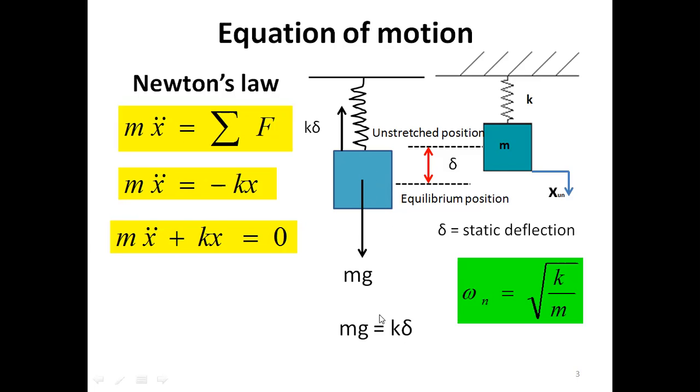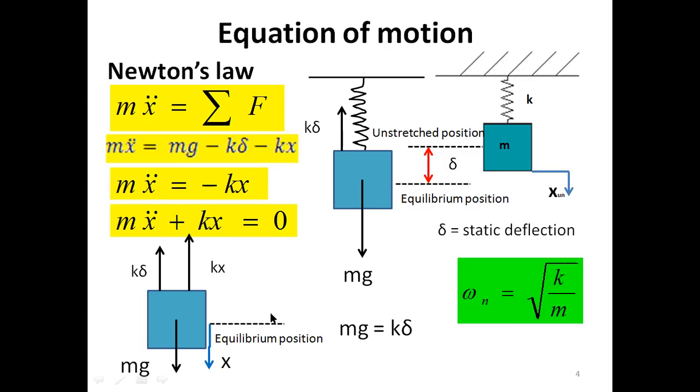Now the mass is supported by the spring, and the spring force is k delta, acting in the upward direction. Now let's say I displace the system and leave it to vibrate, and at this instant the mass is moving in the downward direction and the displacement is x.